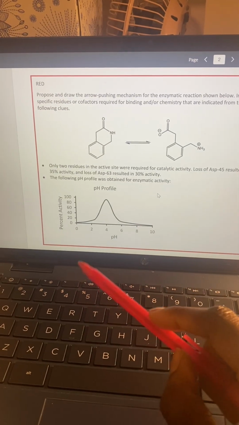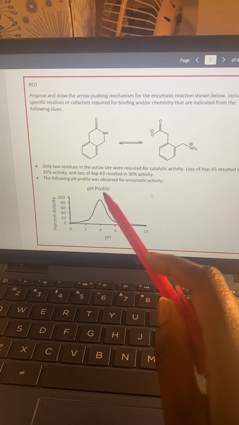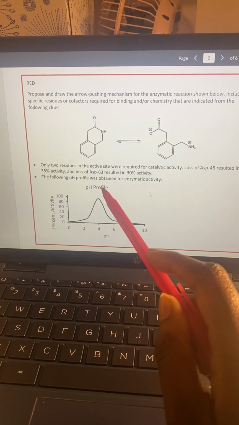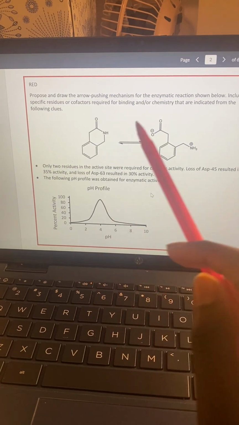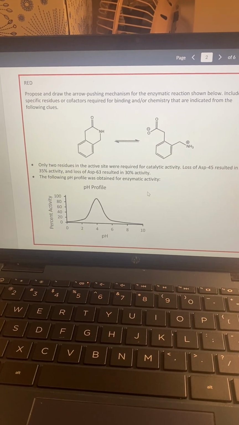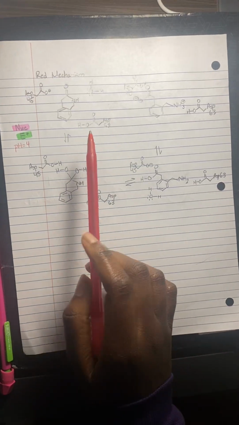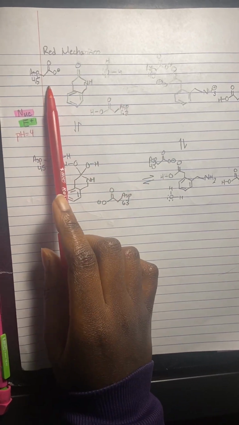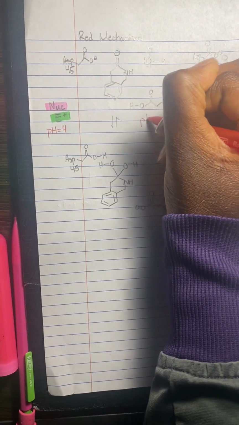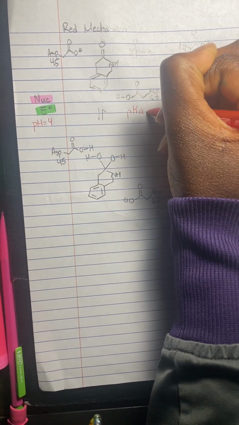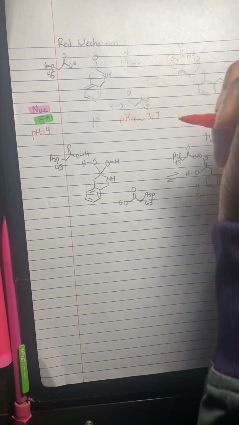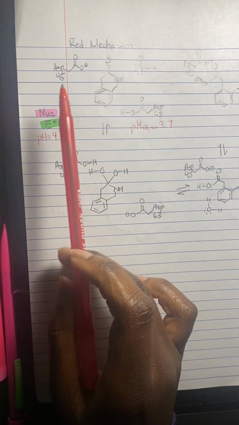Our pH profile for 100% activity shows the reaction will be operating at pH of 4. So that means that our reaction is likely happening at a pH of 4. Here are 2 aspartates. We know that aspartates have a pKa of around 3.7 for the side chain.